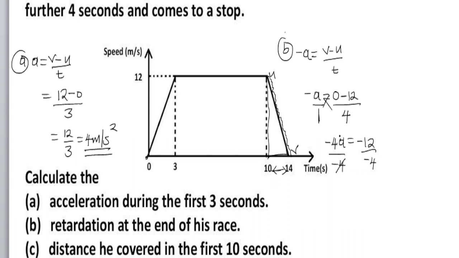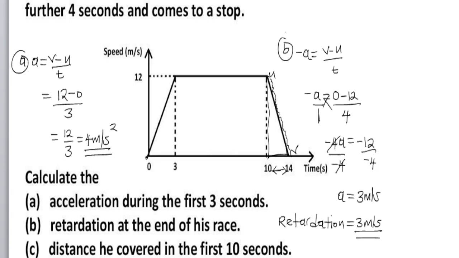Then a is equal to negative 12 over negative 4. That's positive 3 meters per second squared. So now instead of saying a, I'm going to call it retardation. So retardation is equal to 3 meters per second squared. Retardation and acceleration have got the same unit, so you just use the same unit.